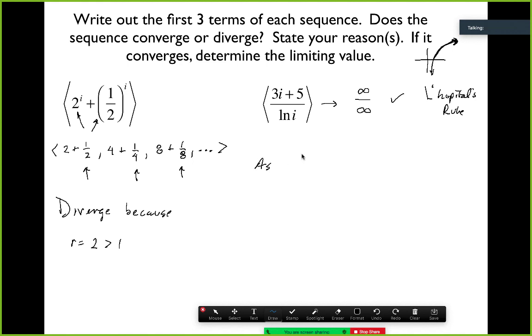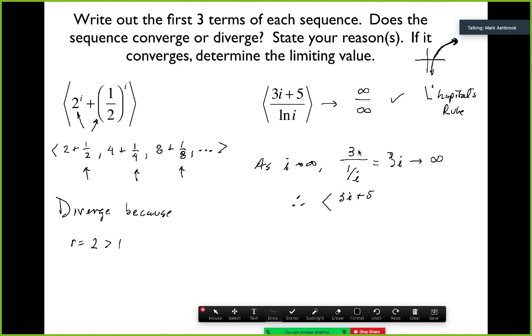and so we say as I goes to infinity, 3 over 1 over I equals 3i, which goes to infinity. Therefore the original.